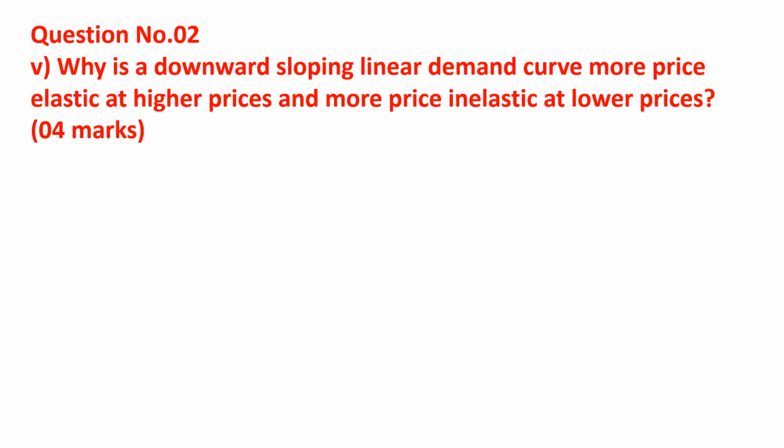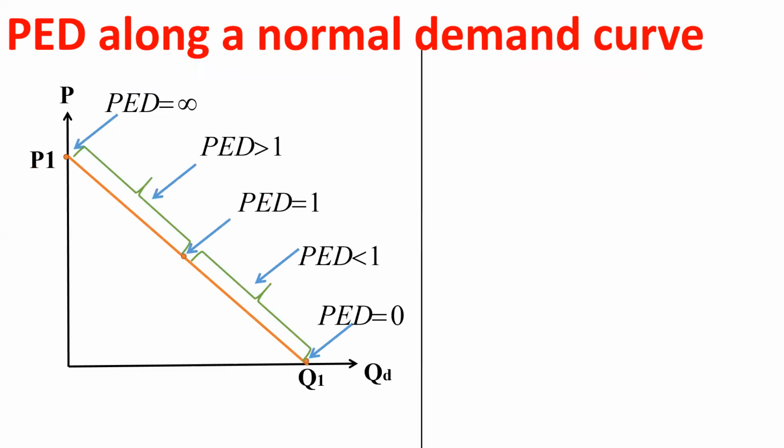5. Why is a downward sloping linear demand curve more price elastic at the higher prices and more inelastic at the lower prices? The question focuses on this one. Remember, we learned if we take a normal demand curve, the PED value will change from infinite to 0.